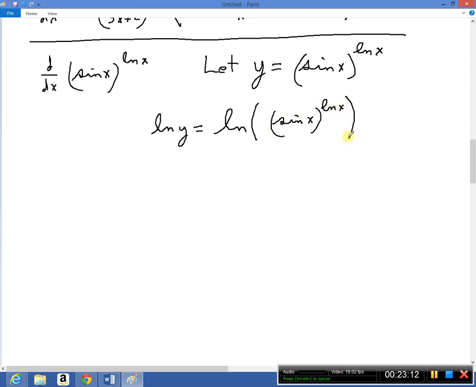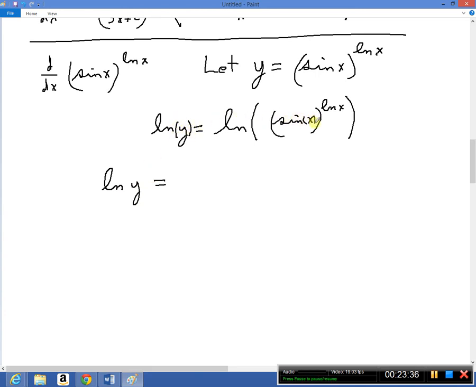Now don't get lost here. Don't get confused. This is the log of this big horrible mess. And this big horrible mess is an exponential expression. So that exponent can come out as a multiplier. So here's what you get. Natural log of y. Let's go ahead and write parentheses for everything here.